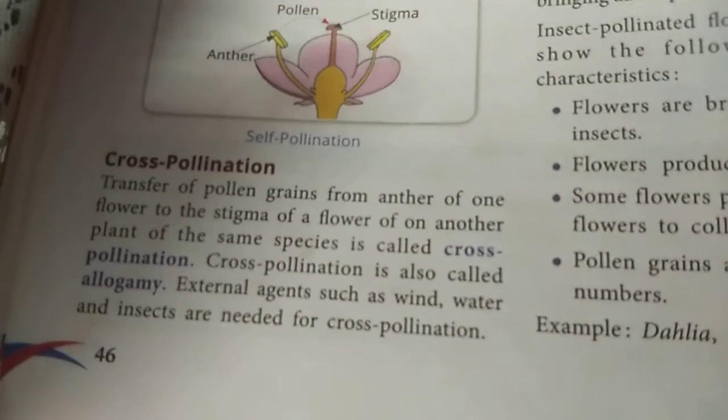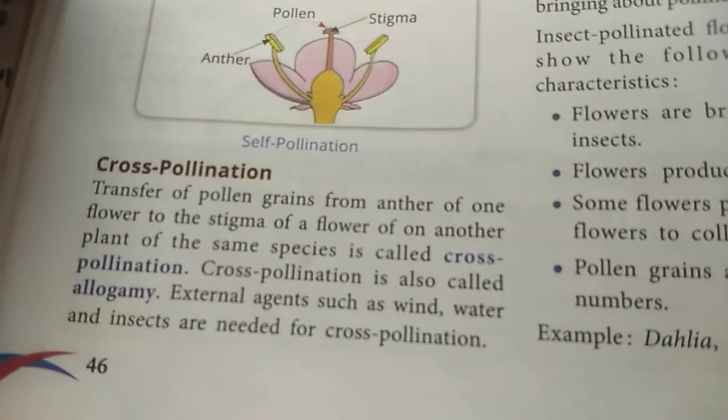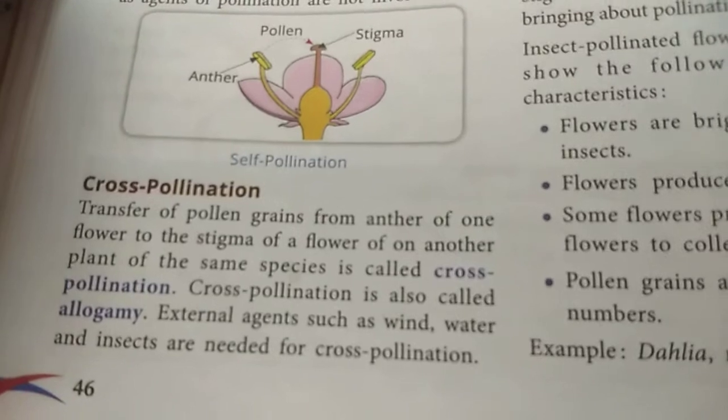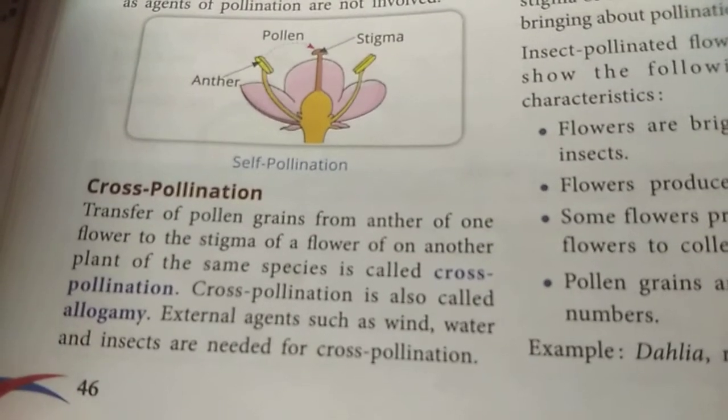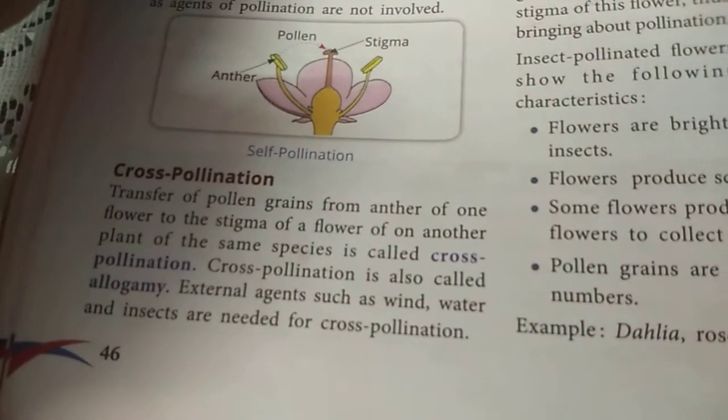So for this process, the transfer of pollen grains will take place from the anther of one flower of the same species to the stigma of another flower of the same species.